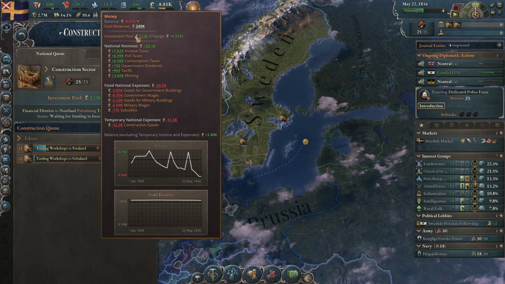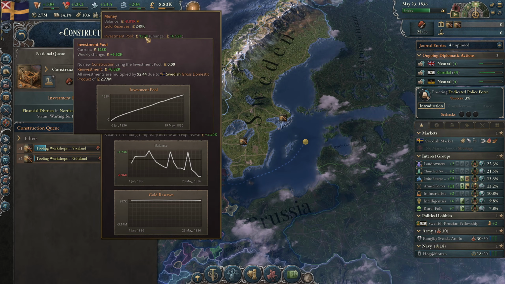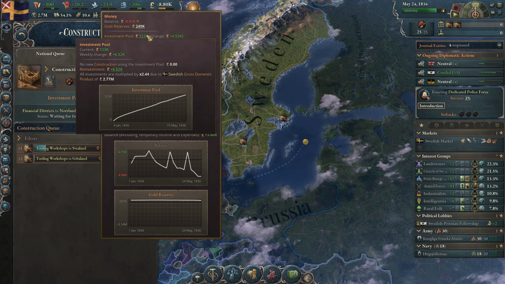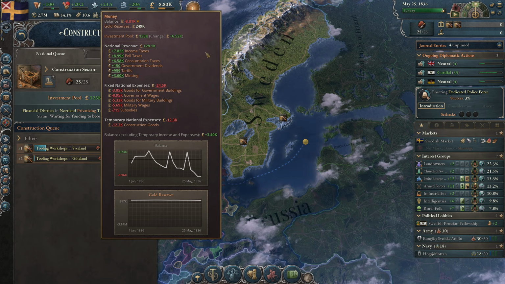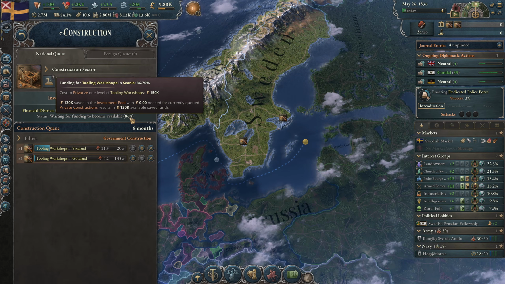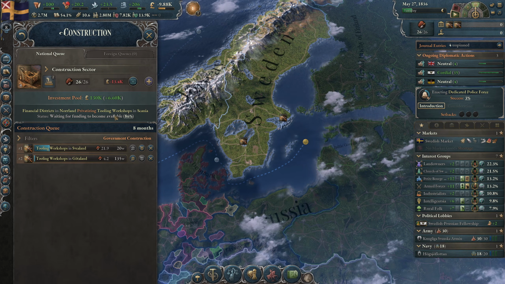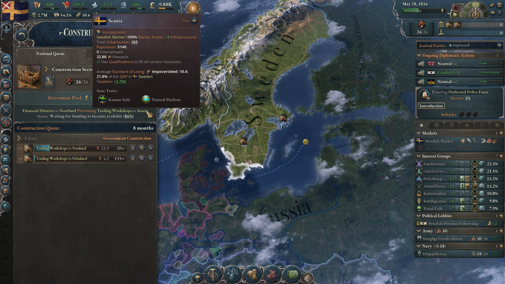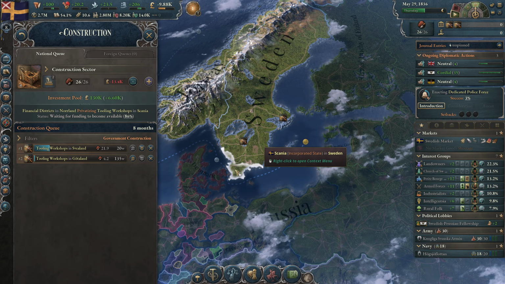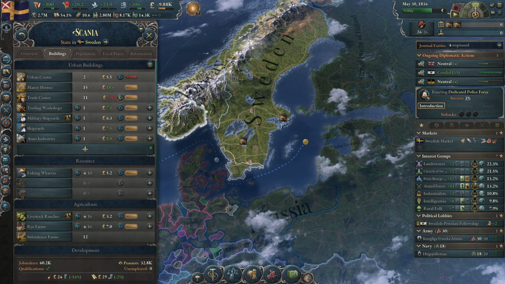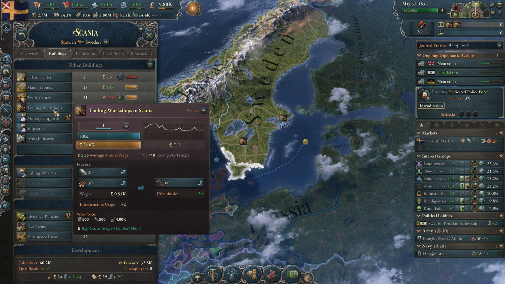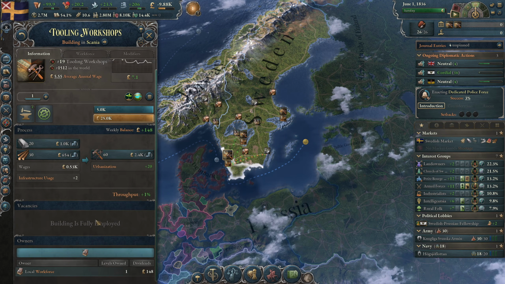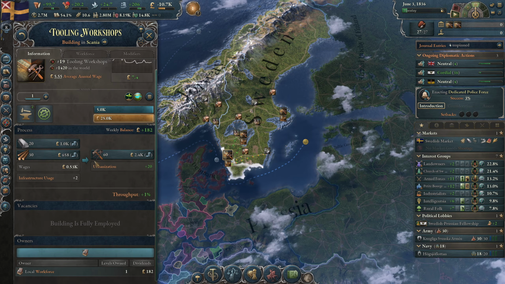But once again, we are gonna get the investment pool soon, because they are privatizing one of our own buildings. How far are they? At 86%. So they're going to privatize the tooling workshop in Scania. Let's take a look at it, actually. So we have a tooling workshop in Scania. You can see that we are the owner, I think. No, we are not. What is happening?